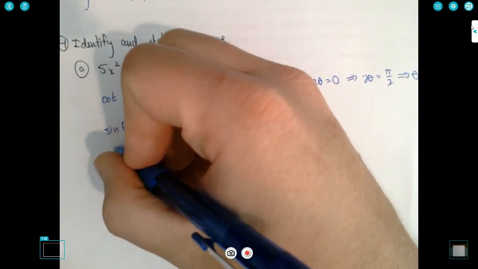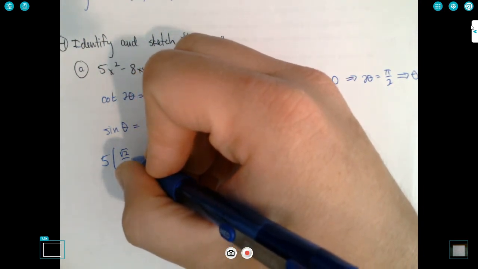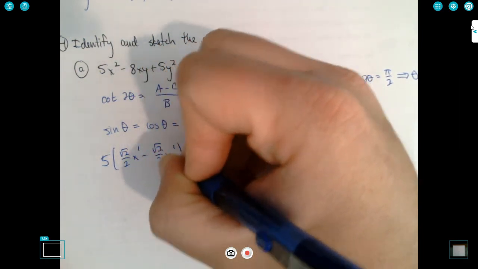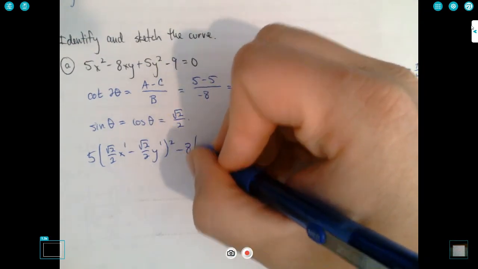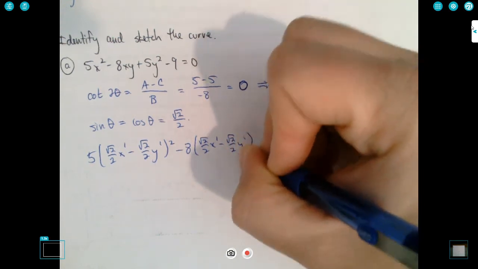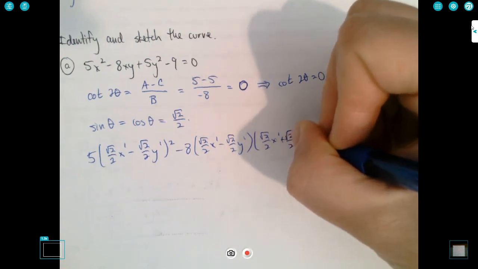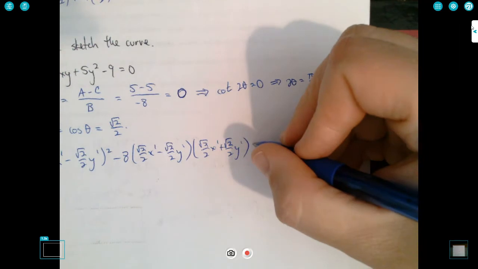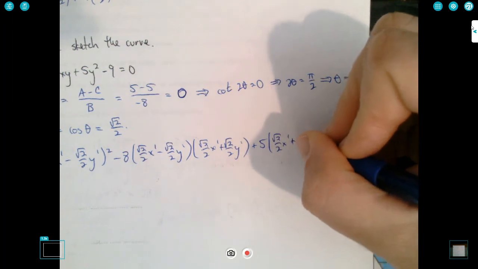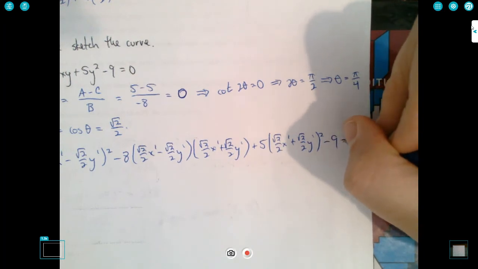We're going to have 5 times x, which is root 2 over 2 x prime minus root 2 over 2 y prime, squared. So there's 5x squared minus 8 times x times y plus 5 times y squared minus 9 equals 0.